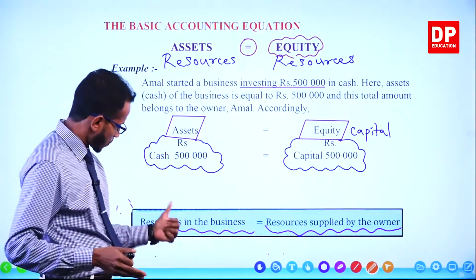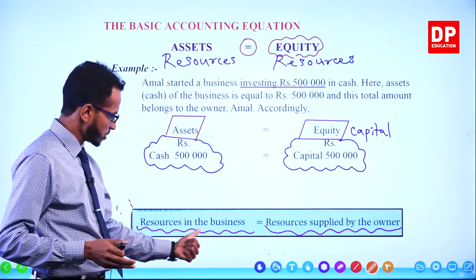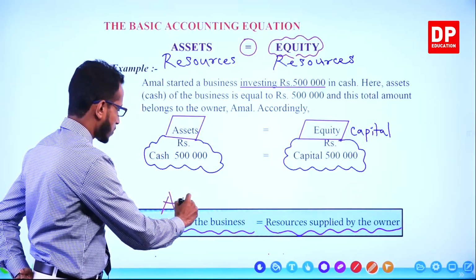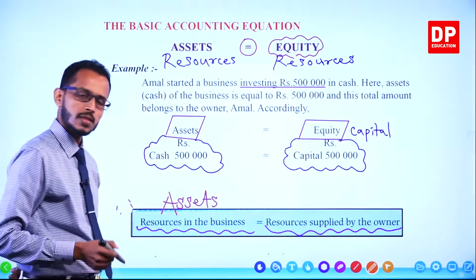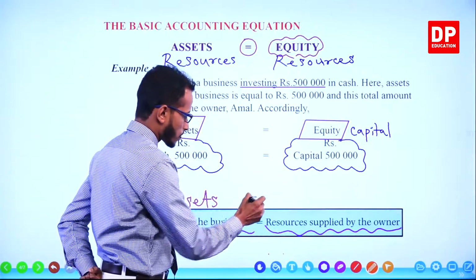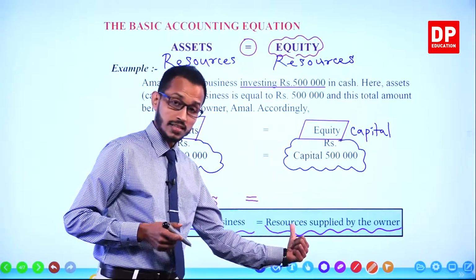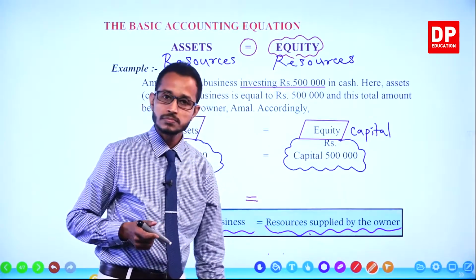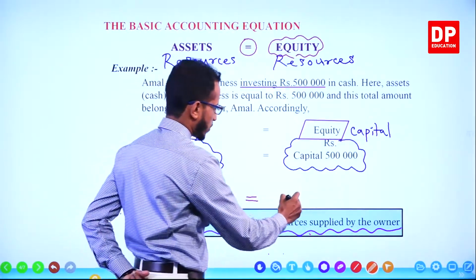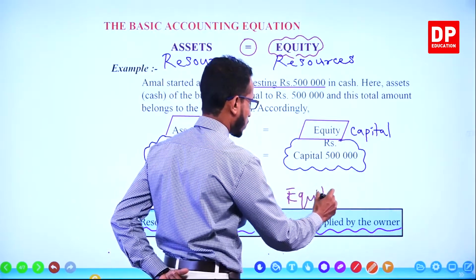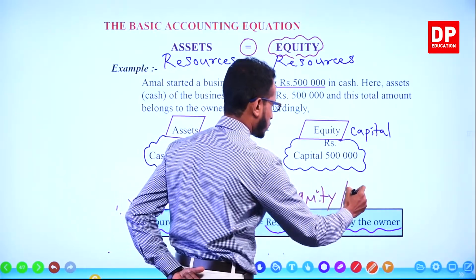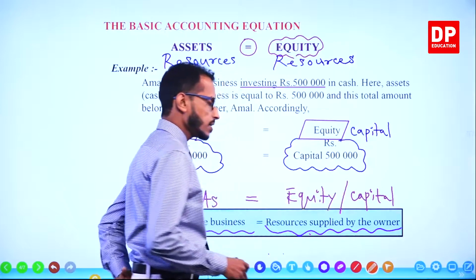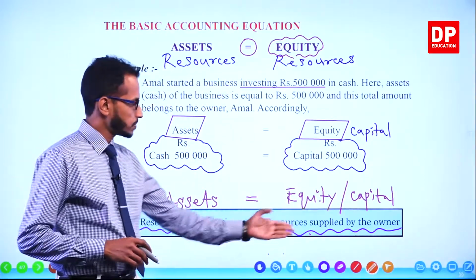What can we call all the resources in the business? What is the word? Assets. Assets equals to, give me another name for resources supplied by the owner. Equity. That's very good. Or we can say capital. Equity or capital. Same thing, right?